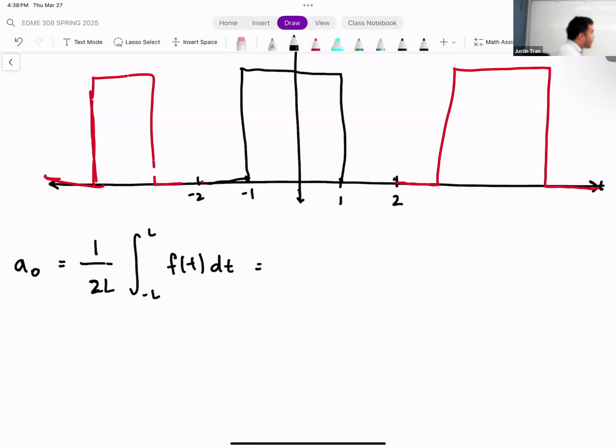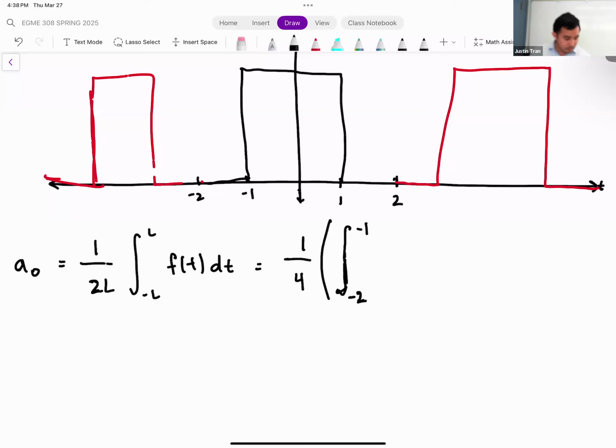So let's plug in the values of our function for this one. Our value for L is 2, so we're going to have 1 over 4. And since our function is discontinuous, just like we did for the last problem, we're going to break up this integral into the 3 different zones. So we're going to have an integral from -2 to -1, that's the first zone of our integral here.